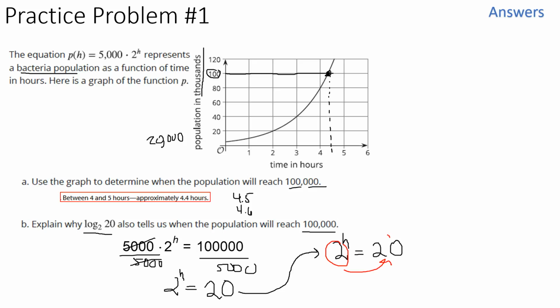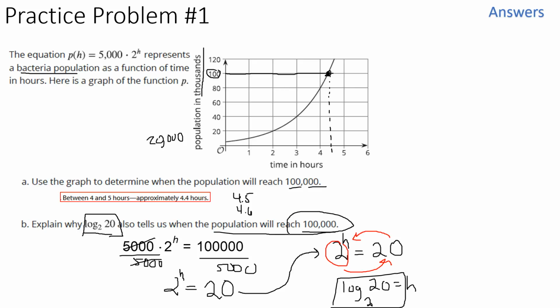So then we say log base 2 of 20 is equal to h. And if you notice, this log base 2 of 20 is the same log base 2 of 20 that they're asking about. So this is why we're able to rewrite log base 2 of 20 as being the exact same thing as when the population reaches 100,000. Okay?